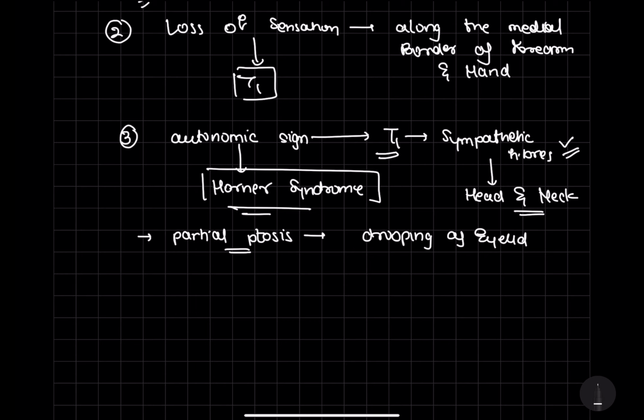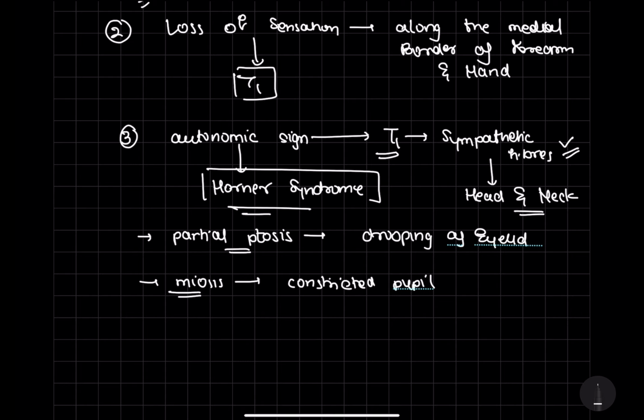Second, what would occur? That would be meiosis. What is the meaning of meiosis? It means your pupil will constrict. Now just try to remember this one thing: your sympathetic fibers are lost.